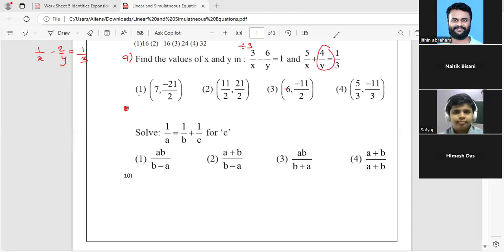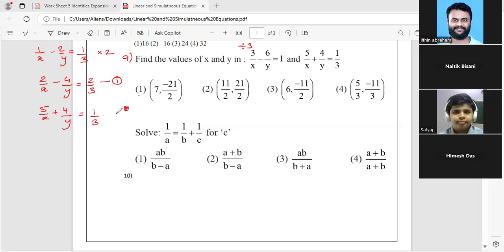So multiplying this particular equation by 2 will definitely make the number the same. That will give me 2 upon x minus 4 upon y is equal to 2 upon 3. So this is one of my equations. The second equation is 5 upon x plus 4 upon y is equal to 1 by 3.